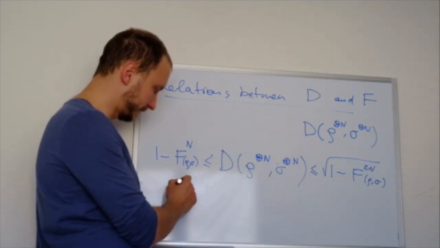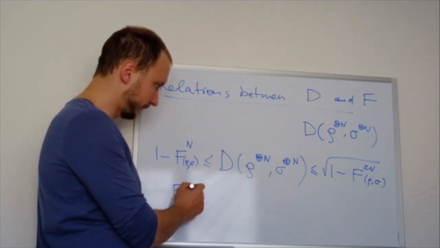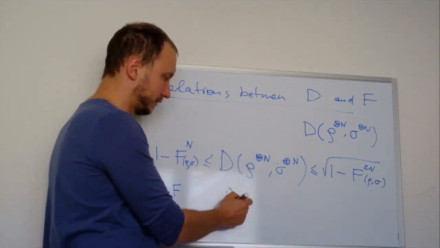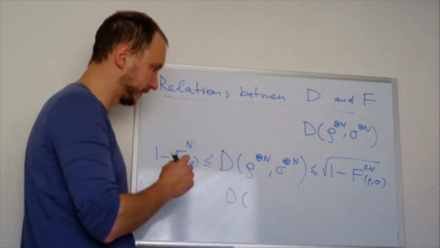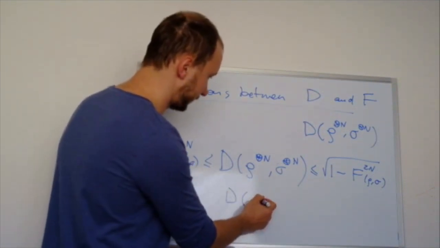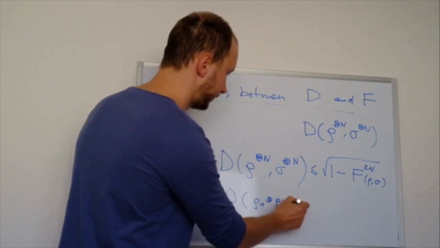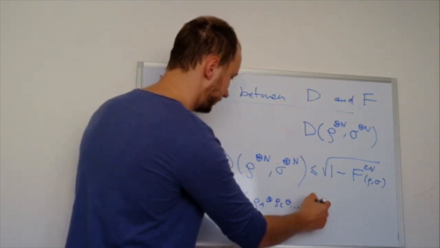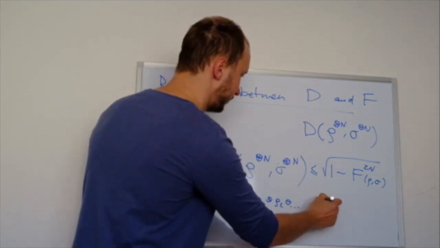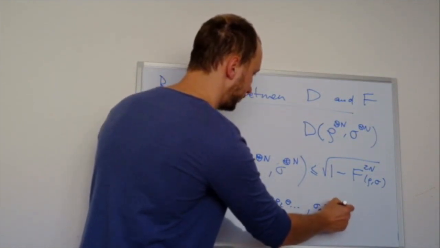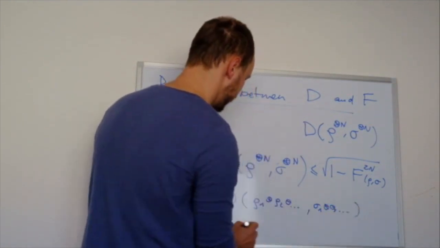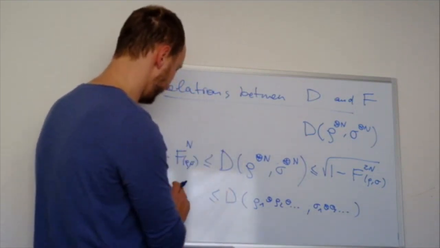So for example, if you have different copies, rho 1 and rho 2, and so on, and sigma 1, sigma 2, and so on, this will still be bounded by the product of fidelities.